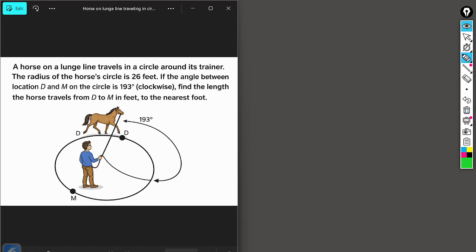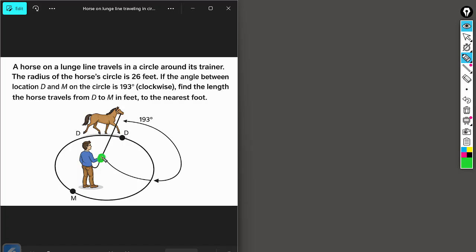If the angle between location D and location M, so we're talking about location D and location M, is 193 degrees, we can say something like this.